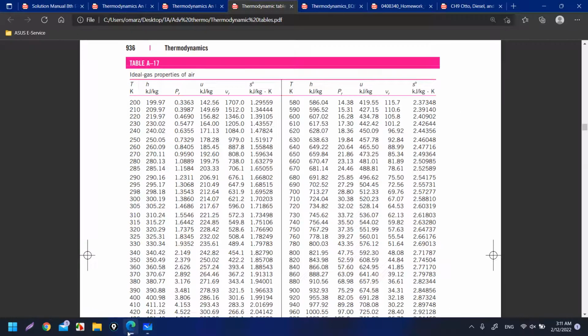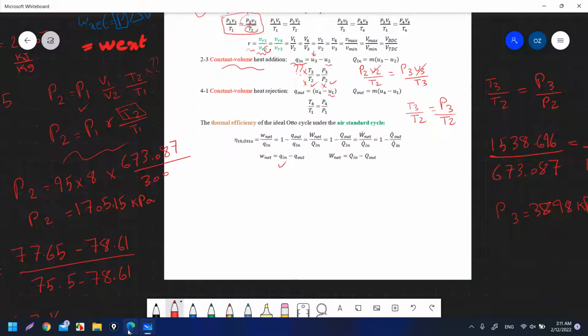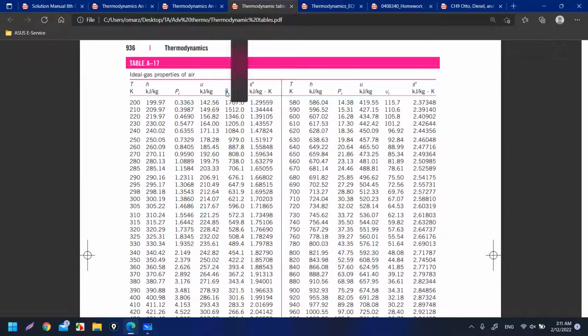It is easier for me, and in the Otto cycle we use the relative volume. We will not use the relative pressure in Otto, diesel, or dual cycles, but I think we will use it in the Brayton cycle. So for Otto, diesel, and dual cycles, we will use the relative volume VR.